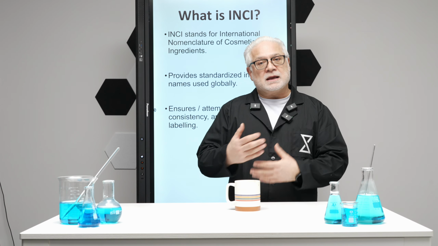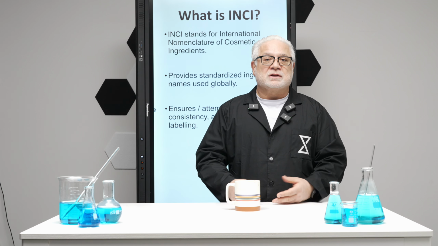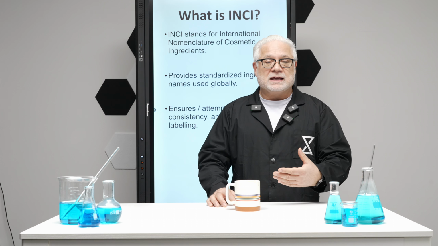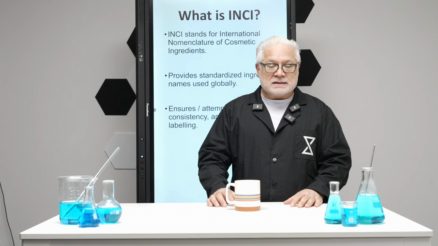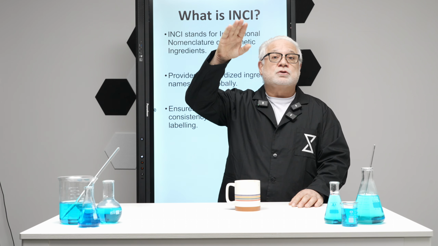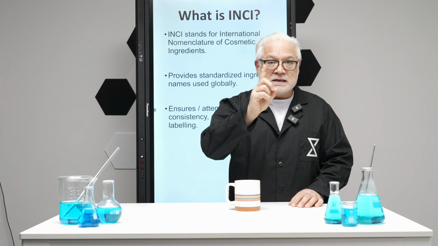The other guideline that they came up with was that when you have to list the ingredients for a formulation at the back of the label, you have to go from the highest concentration to the lowest concentration, with one key exception.